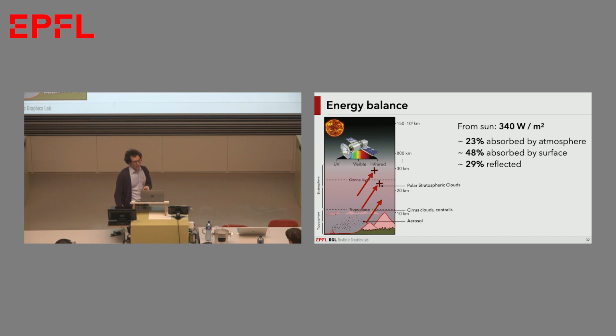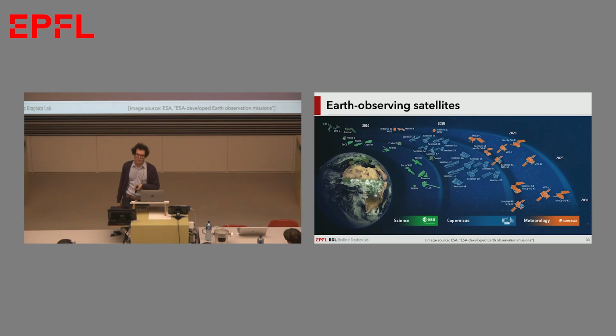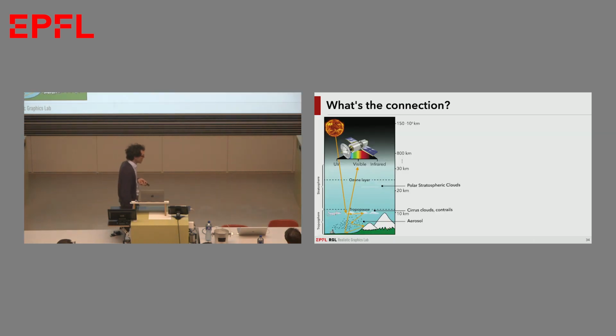And to begin to make heads and tails of this, we have satellites that are observing the planet at many different wavelengths, for example, those of the EU Copernicus program. And you can think of such a satellite as a fancy camera that takes a picture with many color channels. Now, the tricky bit is that this camera doesn't give a picture containing the information needed by climate experts.